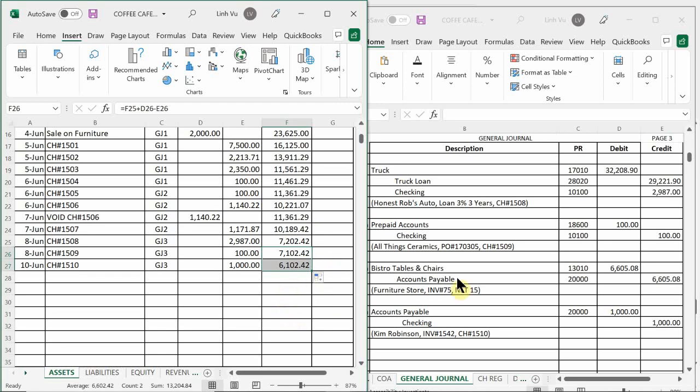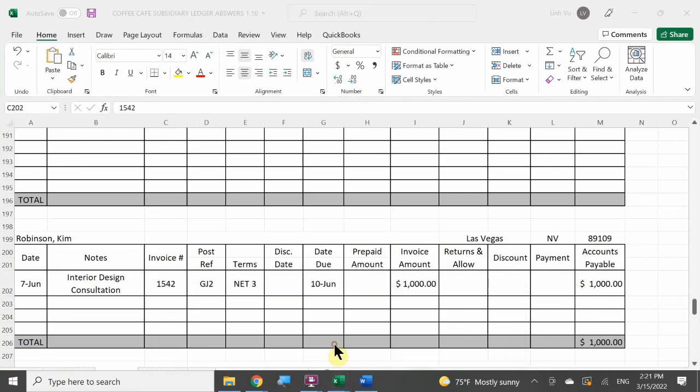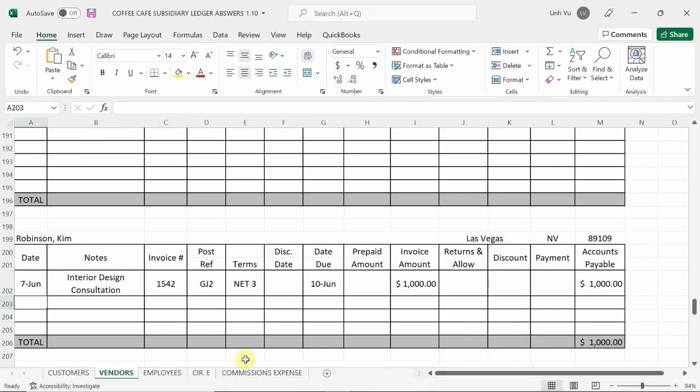All right. Once I have all of this together, then I can go ahead and go to my subsidiary ledger, and I'm going to do a separate line because in this case, right, I'm going to show you how I use this ledger account. I'm going to make a different line for this, okay? And I'm going to say I cut a check number 1510, and this was for invoice number 1542.